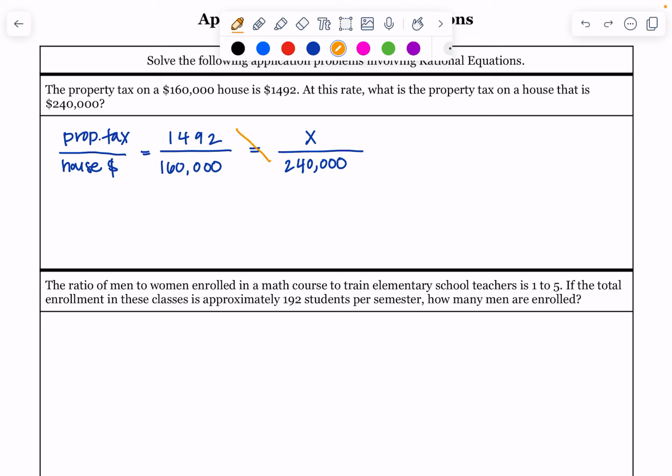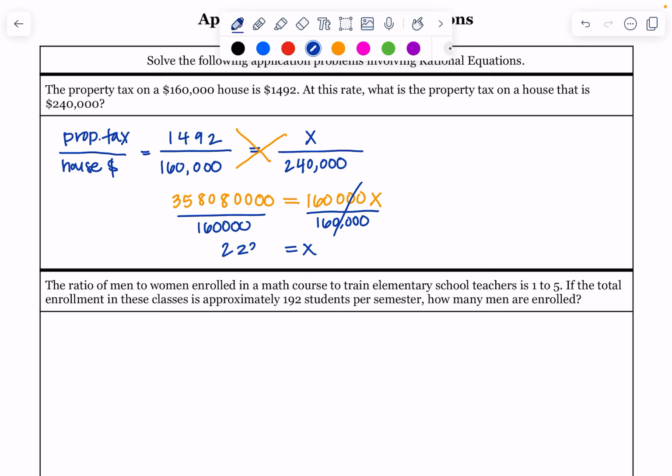So when we cross multiply, we are going to multiply 1,492 times 240,000, and we're going to get a huge number. You probably will just use your calculator. You probably won't even write this down. But 358,080,000 equals, and then we cross multiply again, which is 160,000x. We divide by 160,000, and we are left with x equals 2,238.